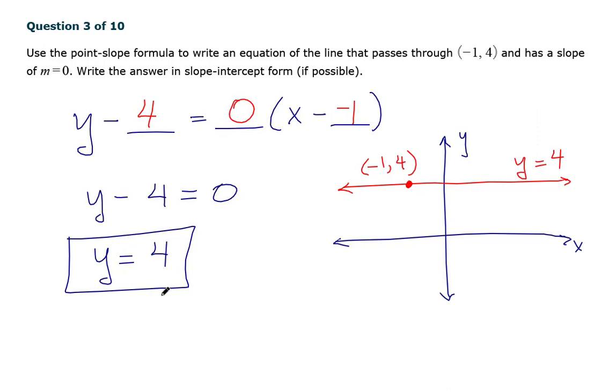Now, I could have got this already because I knew the slope was 0. Anytime it's a slope of 0, it's y equals a number. And we know it has to go through -1, so -1, and up 4, so that's got to be 4. And so it is y equals 4.